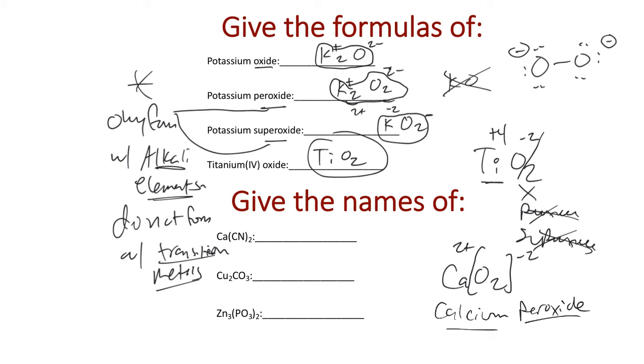Okay, so let's get into a few of the other compounds here. So CaCN2, so calcium 2+, CN-. CN-, we're just memorizing that as cyanide, so this is calcium cyanide. So this is copper. What's my Roman numeral here for carbonate?